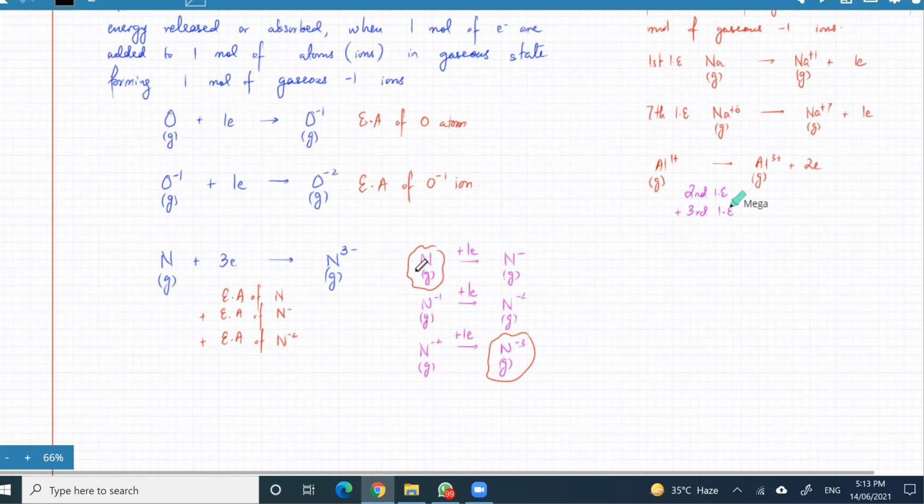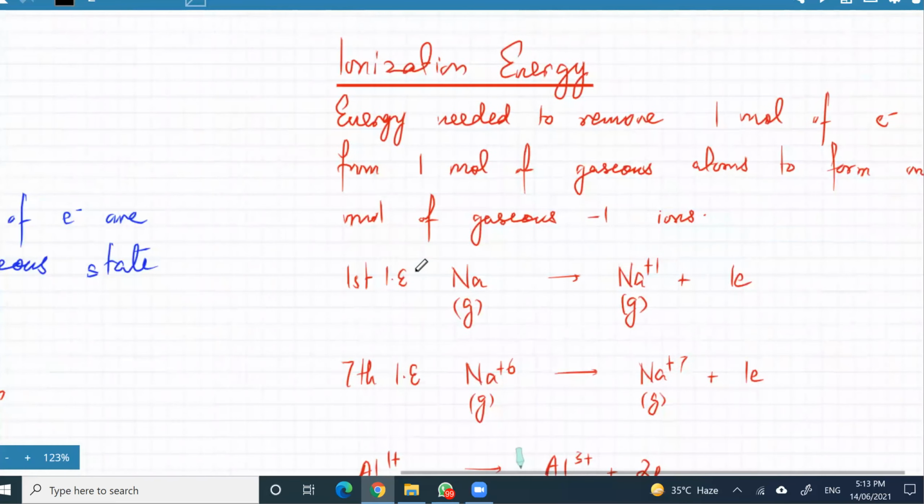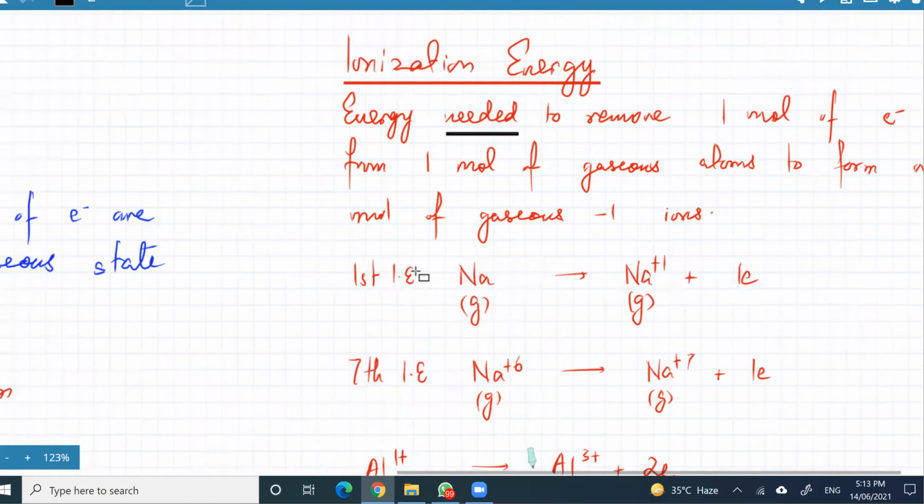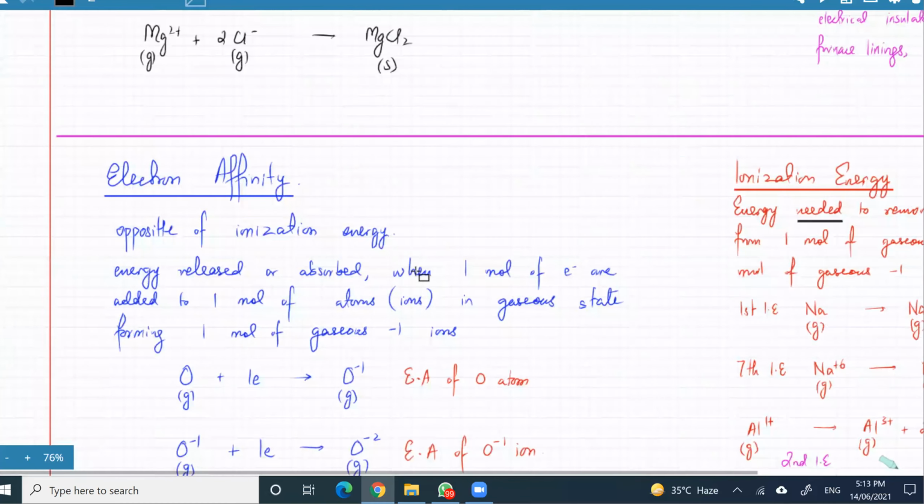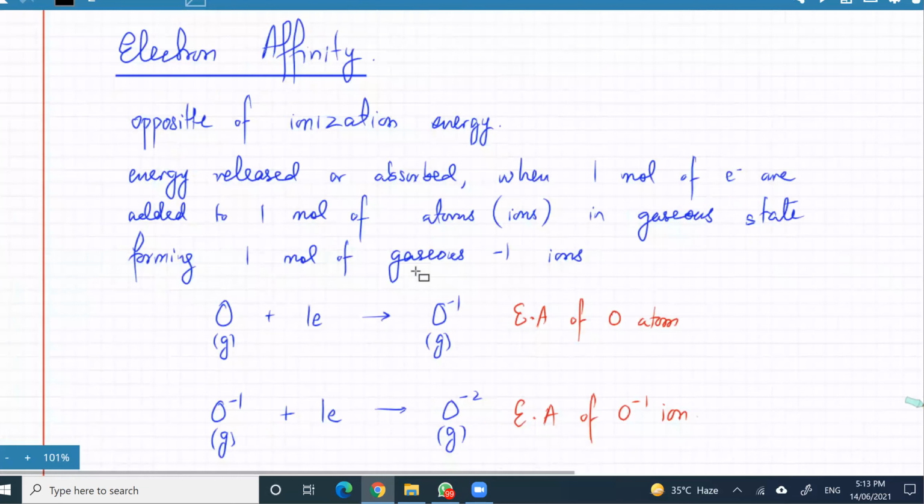So, ionization energies are always endothermic. It's always energy that is needed, right? But electron affinities are both.